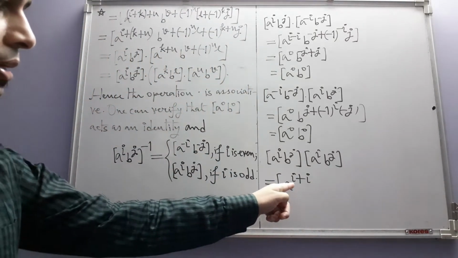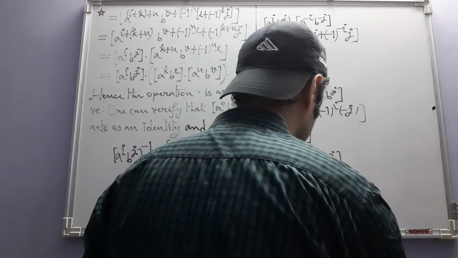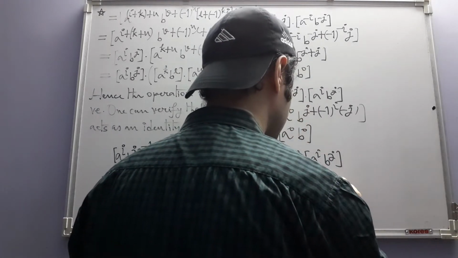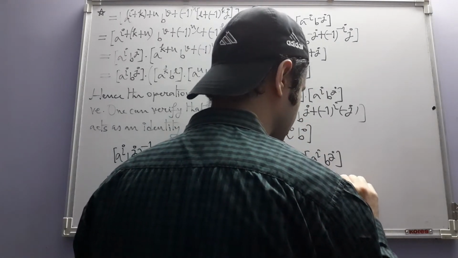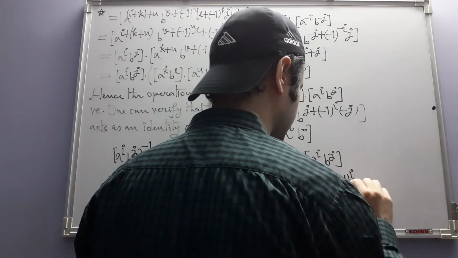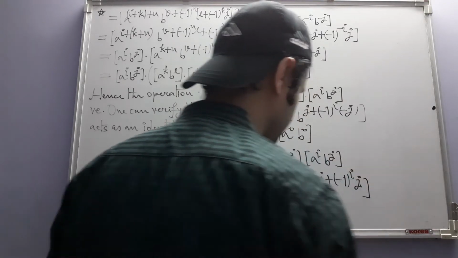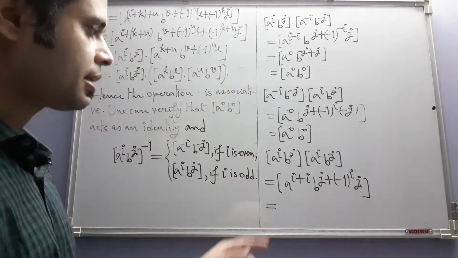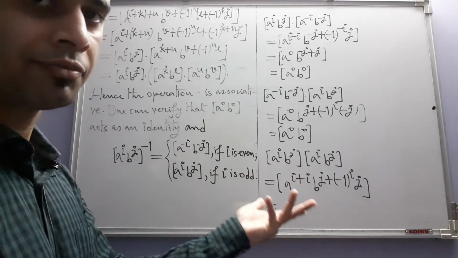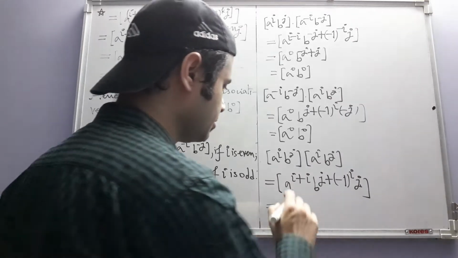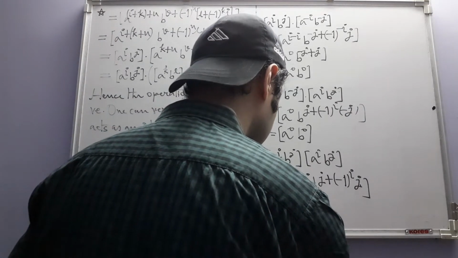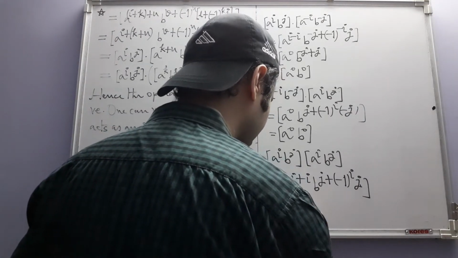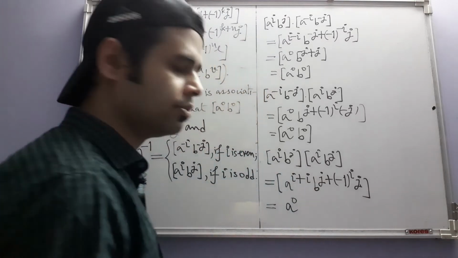Let us just first write the expression and then we will see. j plus (-1) to the power i times j. i plus i is even, after all it's an even integer, so in place of i plus i, we can write 0.